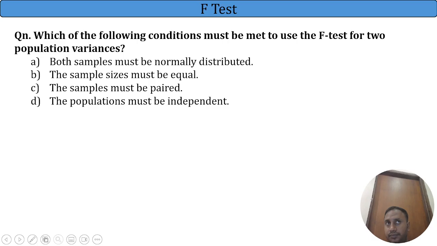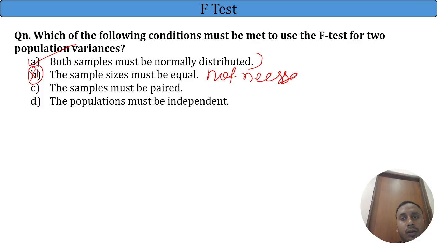For the F test, both samples must be normally distributed. Sample sizes must be equal? It's not necessary. The samples must be paired?